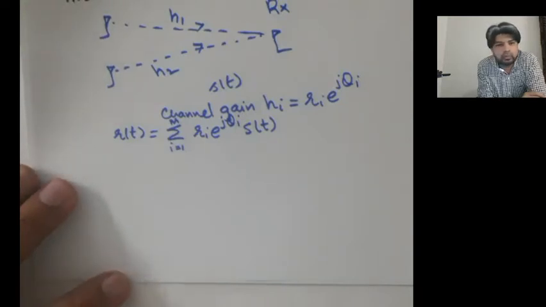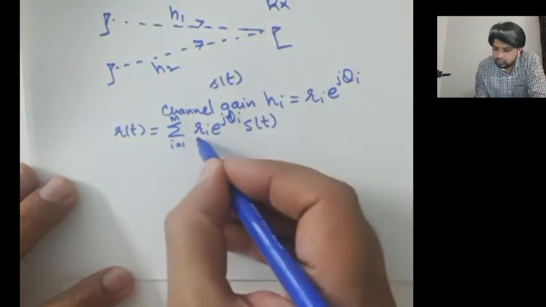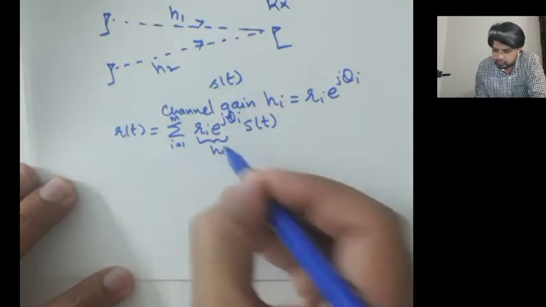Now what you can do is multiply the transmitted signal with a gain Ai. So this is your Hi.